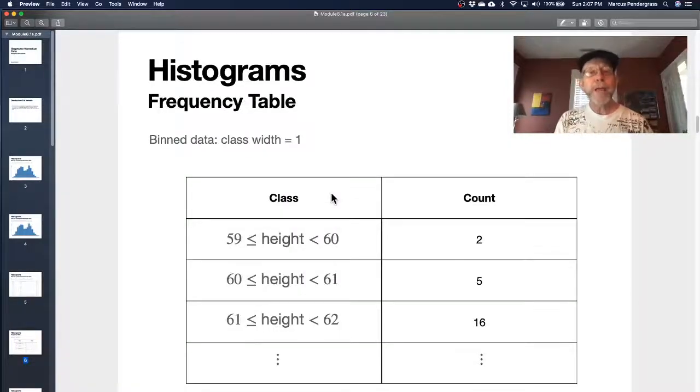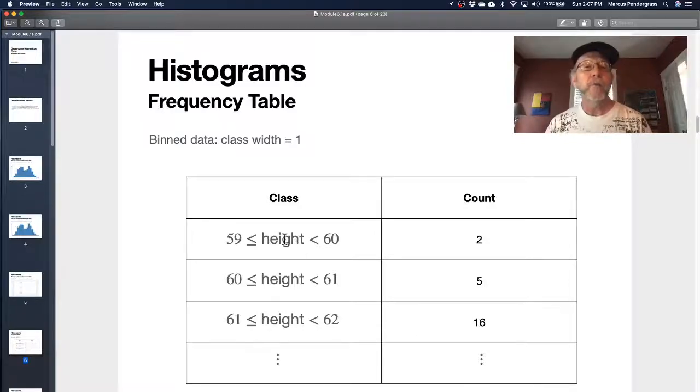The way that you make a histogram from the raw data is you have to bin the data. So you can see here I'm binning the data into classes. The first class goes from 59 to 60 inches. The second class goes from 60 to 61 inches. The third class goes from 61 to 62, and so on. And you make what's called a frequency table for the data.